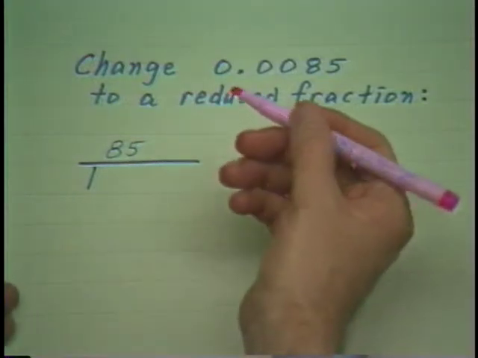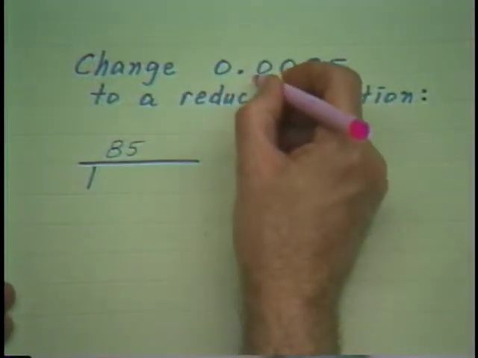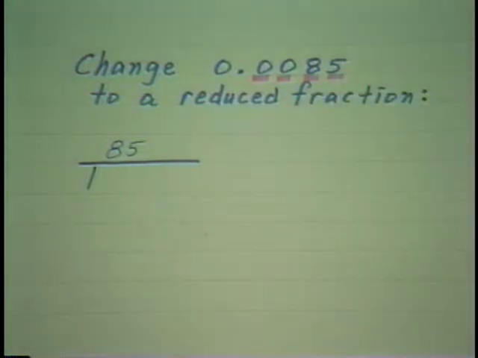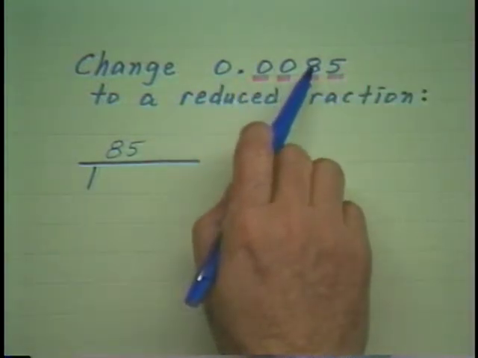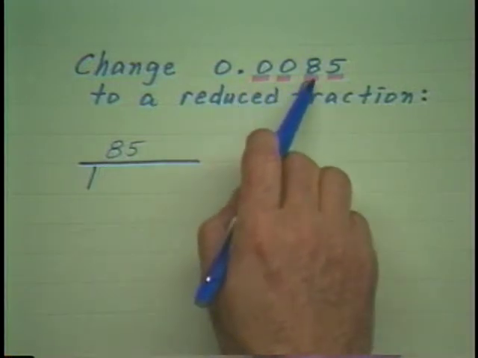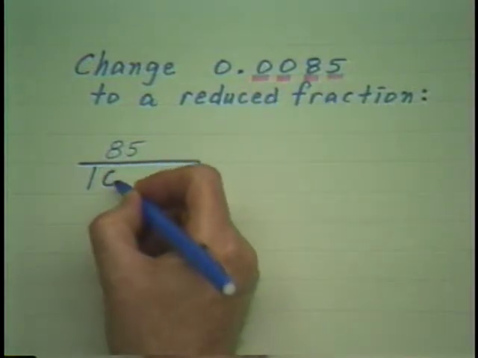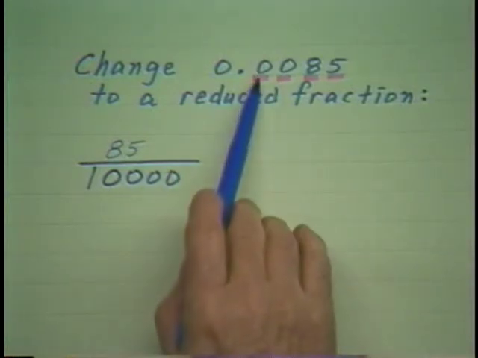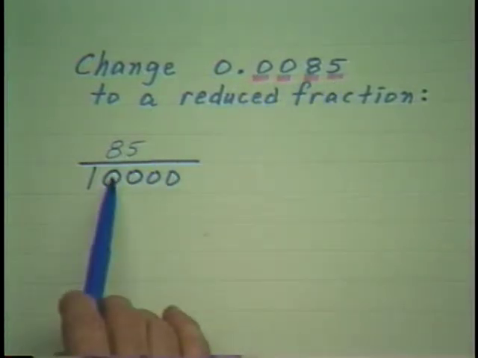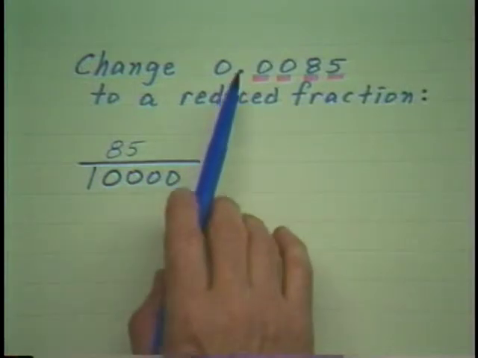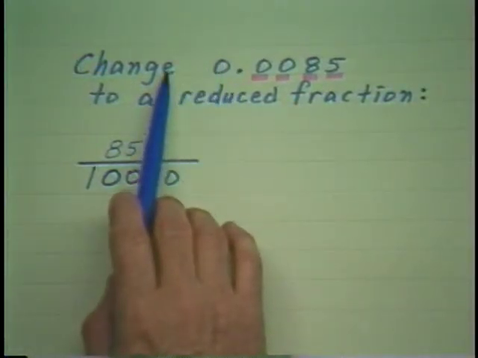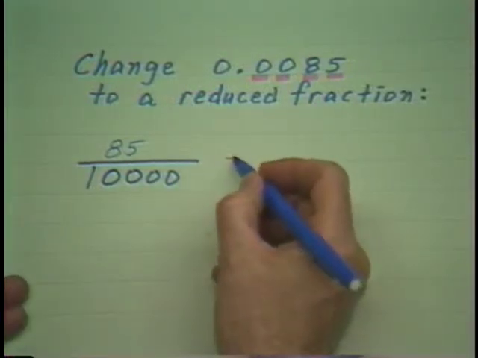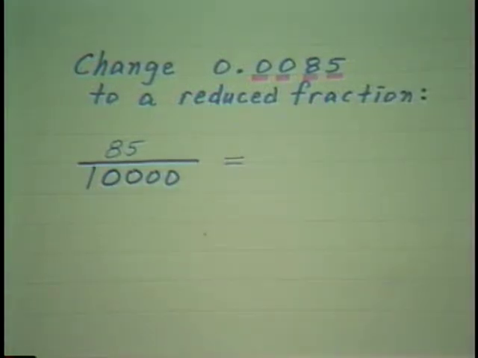Then this technique suggests that for each decimal place, whether there's a 0 or a non-zero, append a 0 behind the 1. So there are 4 decimal places. We append 4 zeros. Do not count any of the whole number digits or places. And that's it. Then simply reduce.